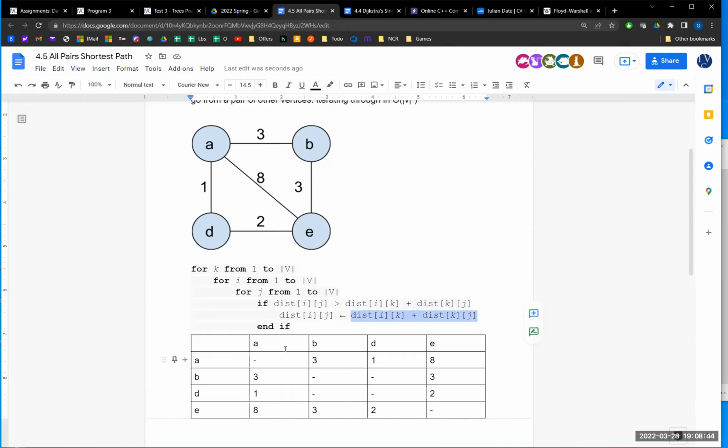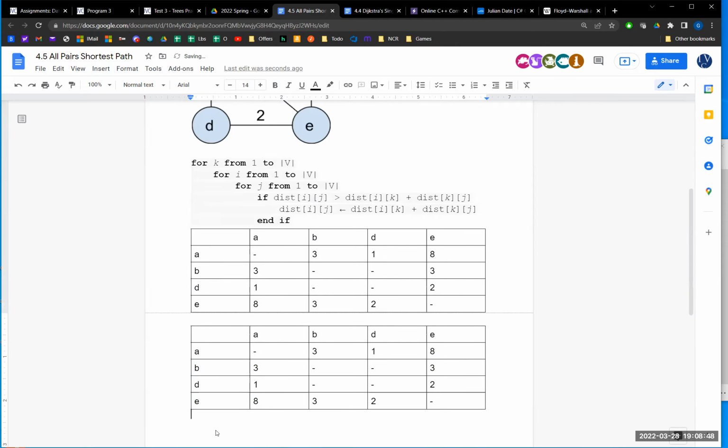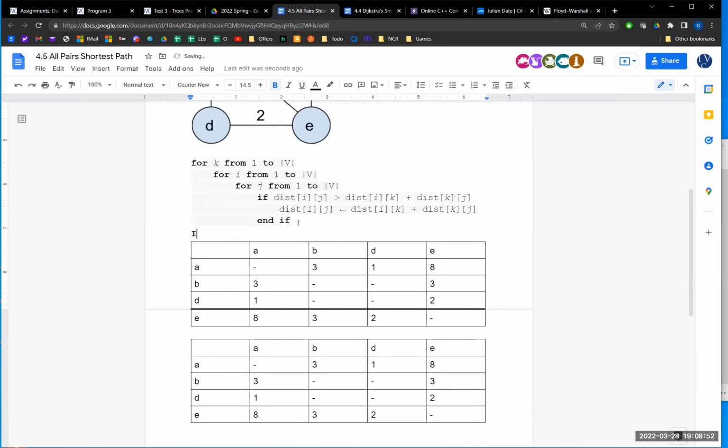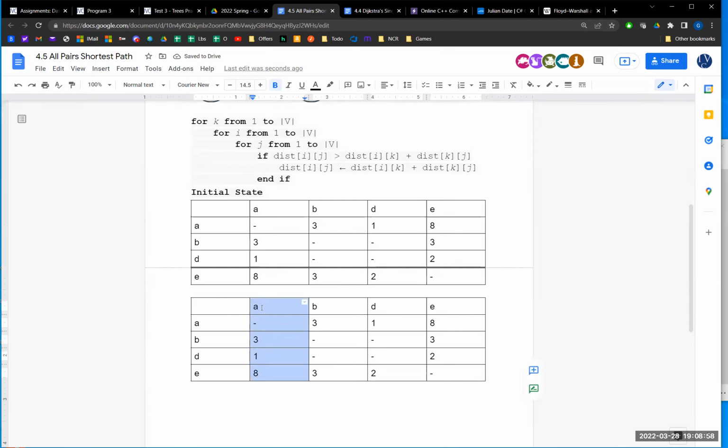So what we're doing is using A as our reference vertex. These values and these values we're going to use to look at all the other elements.